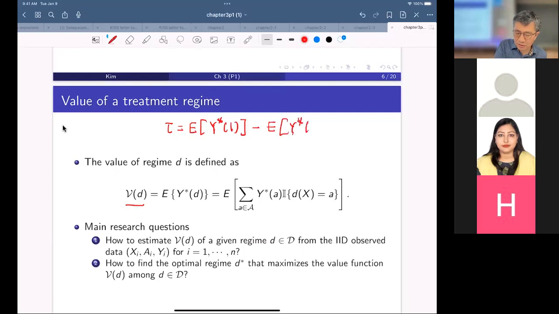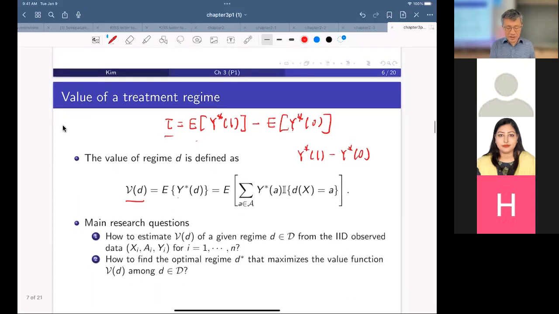Why do we care about estimating tau? Originally we would be interested in this one, but it is not something we can observe. That's why we use expectation to figure out the effect. We are going to do the same thing: we cannot really evaluate Y star D for each individual, so we want to evaluate the expectation of Y star D, the potential outcome with respect to the decision, I mean, the treatment regime.